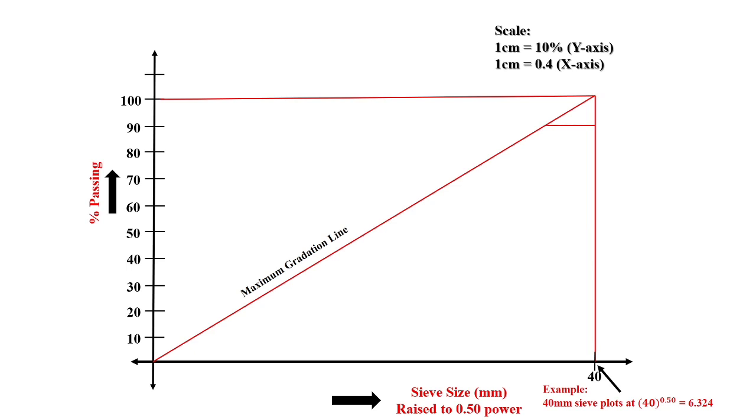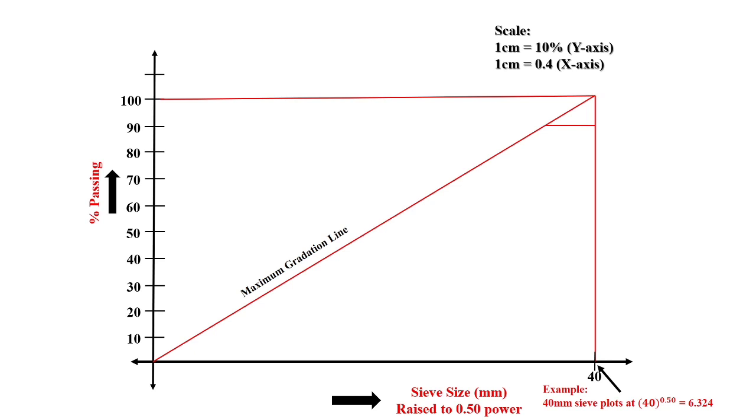Then we'll plot the other sieve sizes given in the example. For the next case, the sieve opening given is 20 mm. How can we plot the 20 mm sieve? For that purpose, we find the midpoint of the required gradation corresponding to the 20 mm sieve, which for this example is 90%.